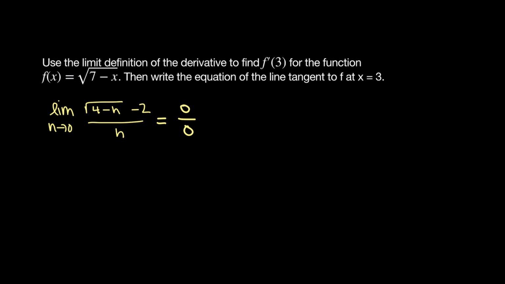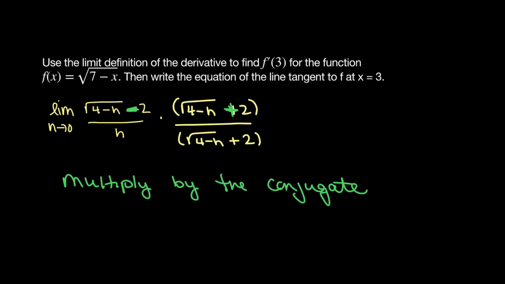Now, if I plug in h equals 0, I end up getting that indeterminate 0 over 0. So once again, I'm going to have some more work to do. And this problem has a square root, so we can use the same strategy we learned when we first talked about limits. We're going to try to rationalize the numerator by multiplying by the conjugate. So I have square root of 4 minus h minus 2 in my numerator.